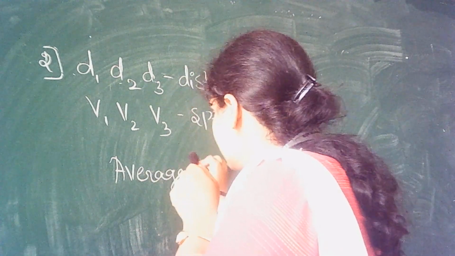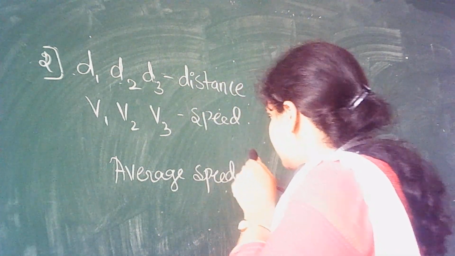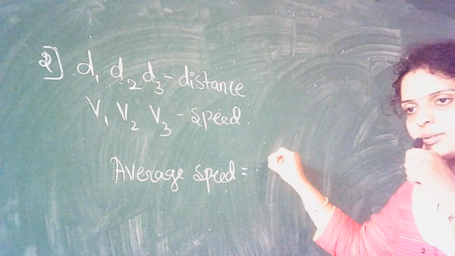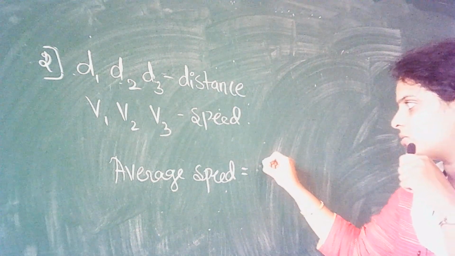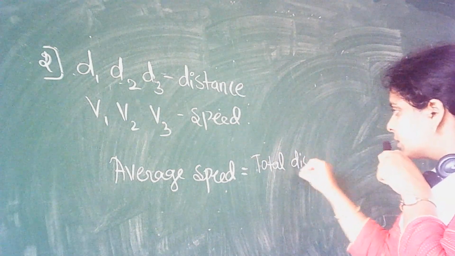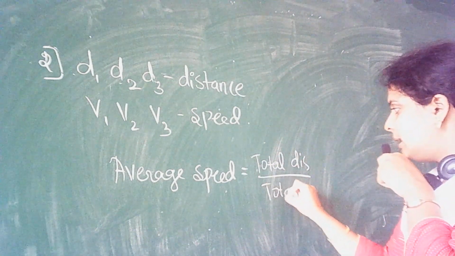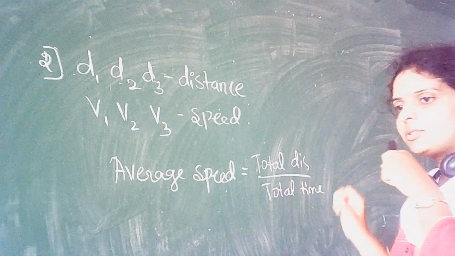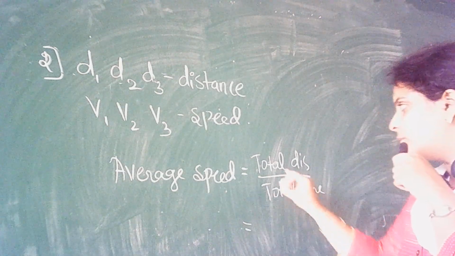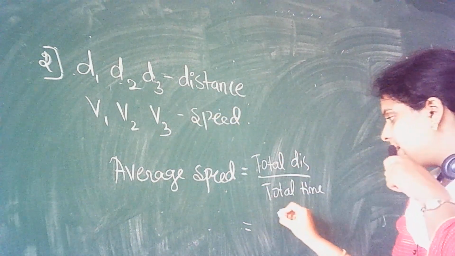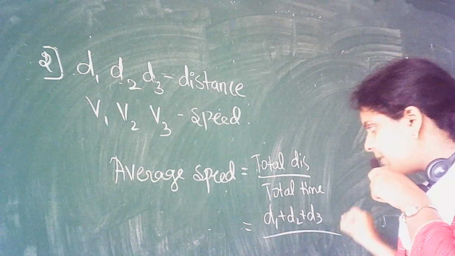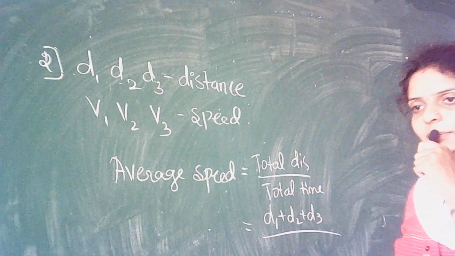Average speed is equal to total distance divided by total time taken. So the total distance is d1 plus d2 plus d3, divided by the total time taken.